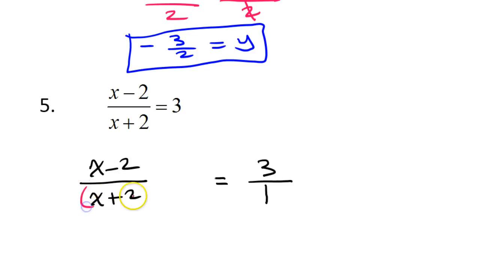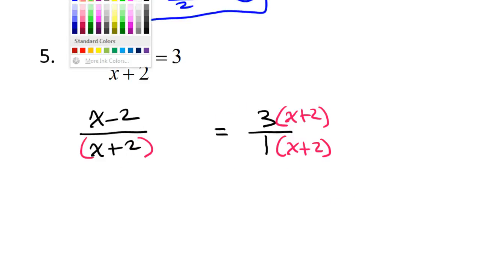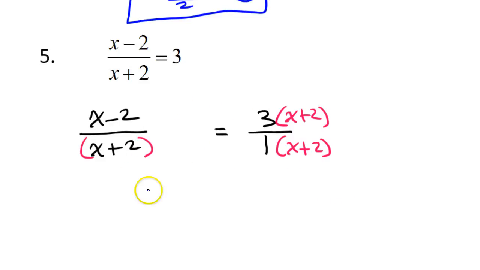Okay, so on the left side I have x plus 2. That means I'm going to need x plus 2 on the right as well. But anything I put in the bottom, I need to put in the top. Alright, and that's really it. My denominators are the same. So since my denominators are equal, I can go ahead and set the numerators equal to each other.